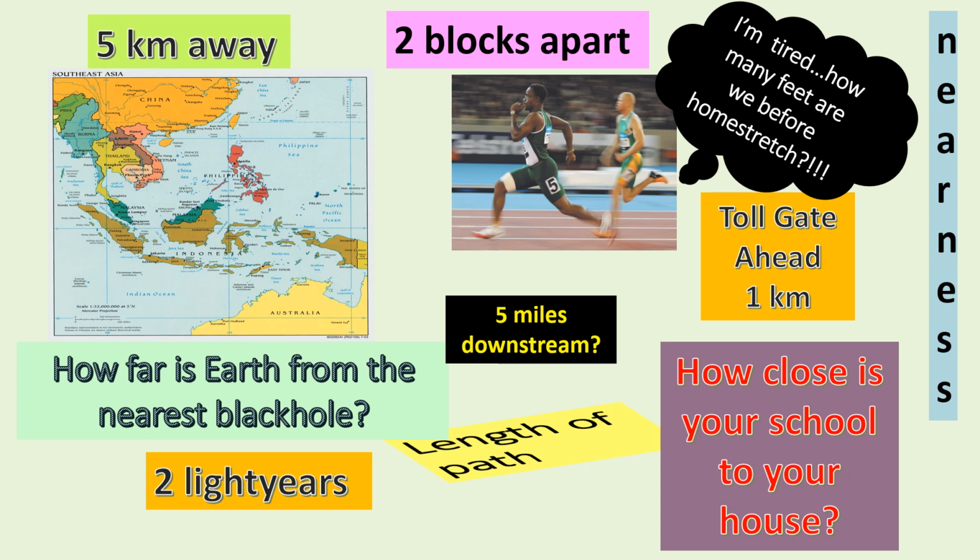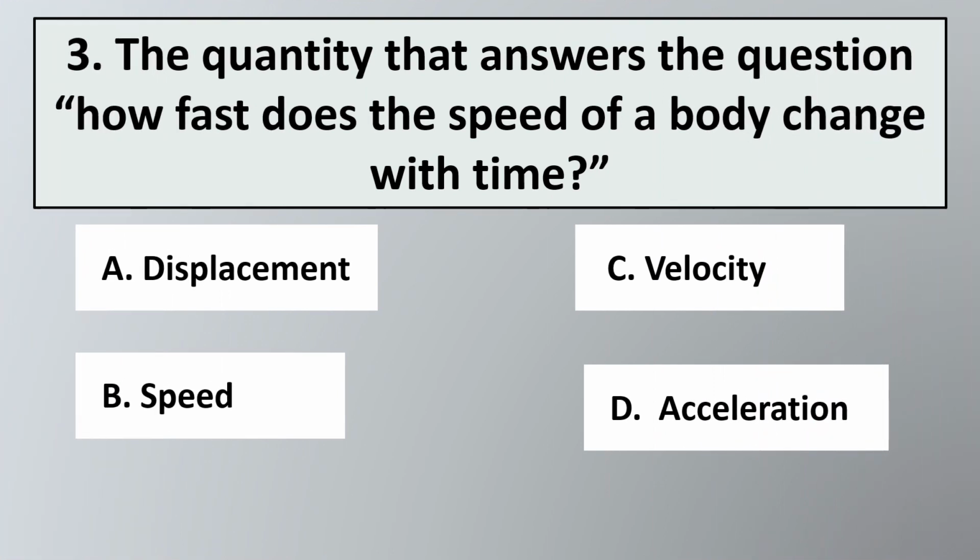Alright, so when you talk about light years or how close is the school to your house, the use of words like 2 blocks apart, these are examples of descriptions that pertain to distance. All right. Go to number 3.